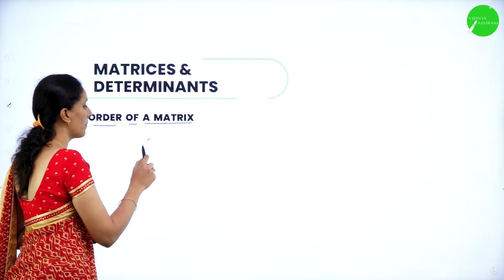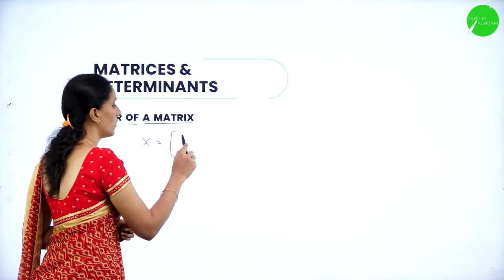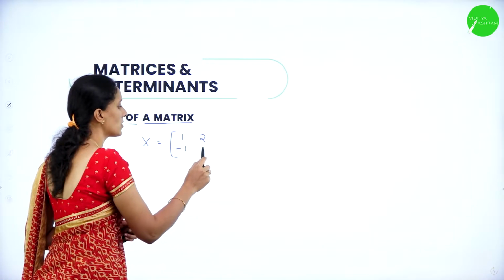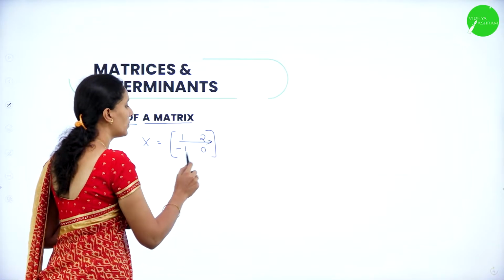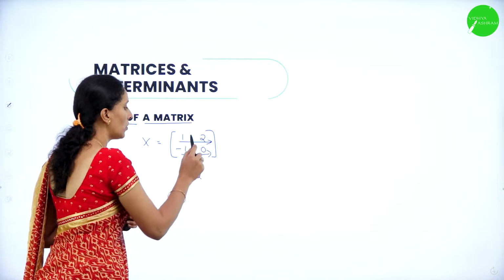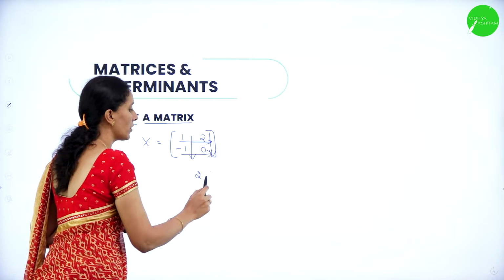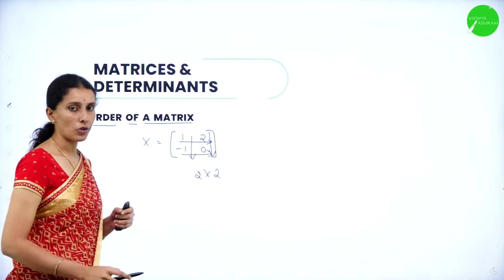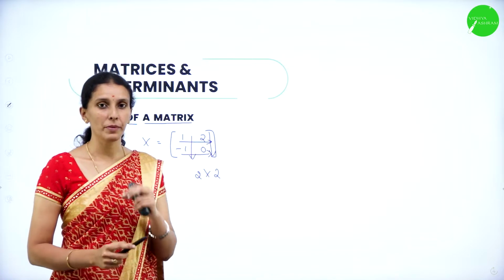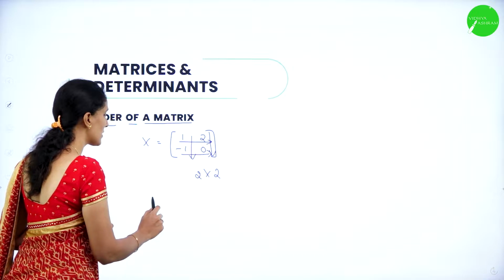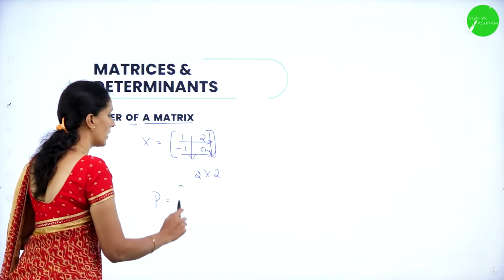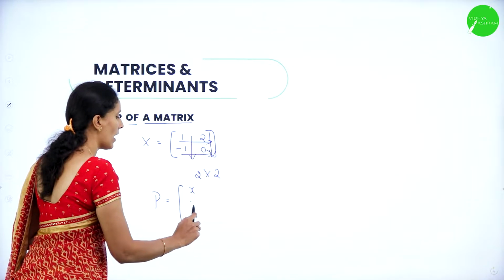Similarly, let me take matrix X is equal to 1, 2, -1, 0. Here how many rows do you have? You have 2 rows and 2 columns. Therefore you represent it by 2 cross 2 or 2 by 2, which means 2 rows and 2 columns. Let me take one more matrix, matrix P, with x, y, z.